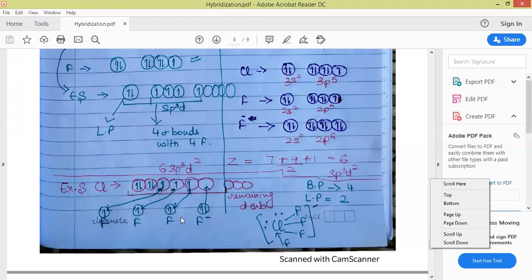Each fluorine will make a single sigma bond with these 3 electrons, and F negative will contribute both its electrons to the vacant sp3d2 hybridized orbital of chlorine. So this is how the geometry becomes octahedral, and this is how the formation of the molecule takes place based upon the hybridization theory.